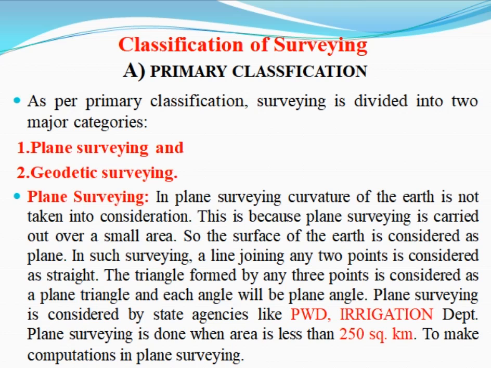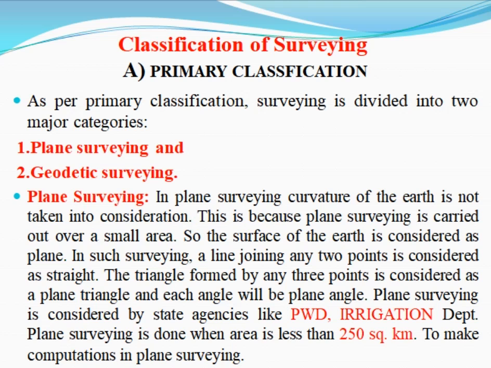So up to 250 square kilometer area we have to consider as the plane area. These types of survey are used in works like PWD, irrigation. In plane surveying curvature of earth is not taken into consideration. This is because plane surveying is carried out over the smaller area.